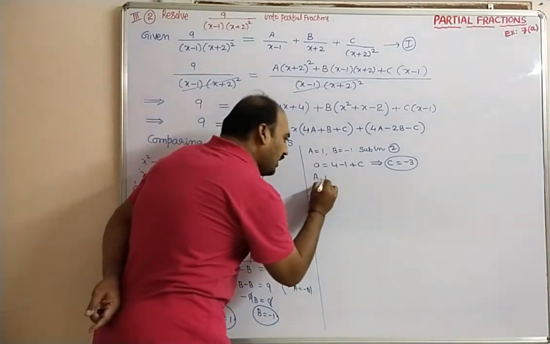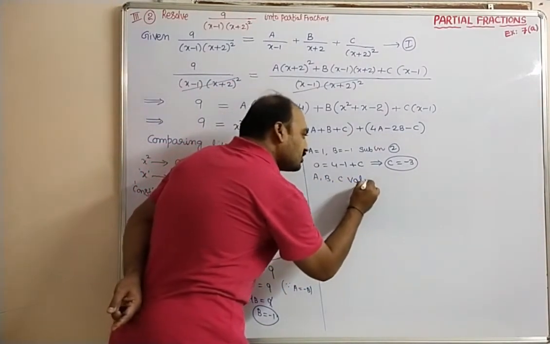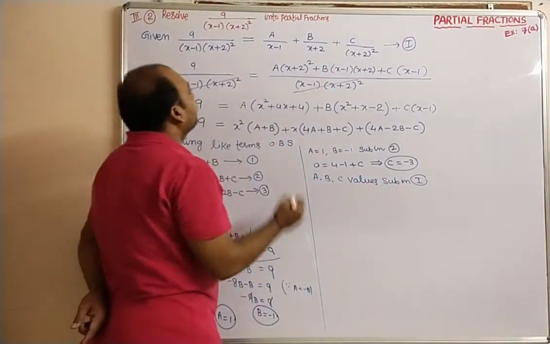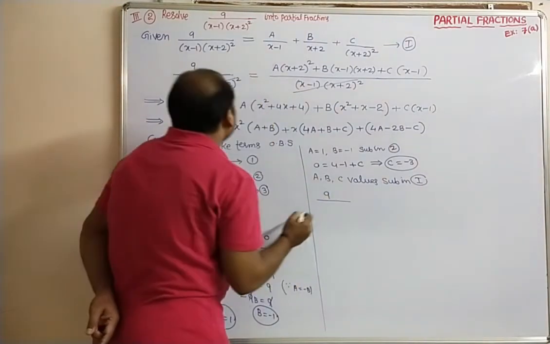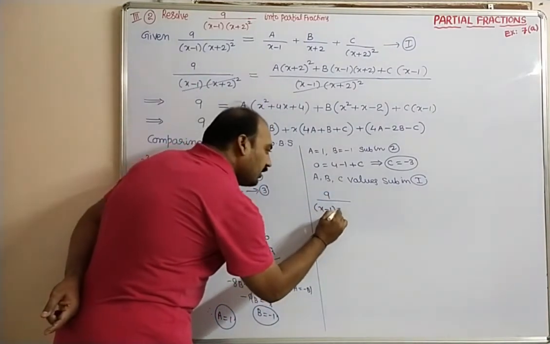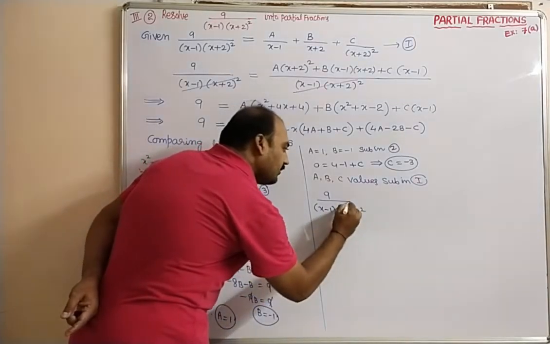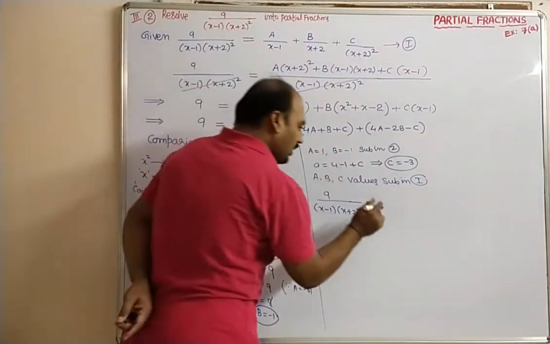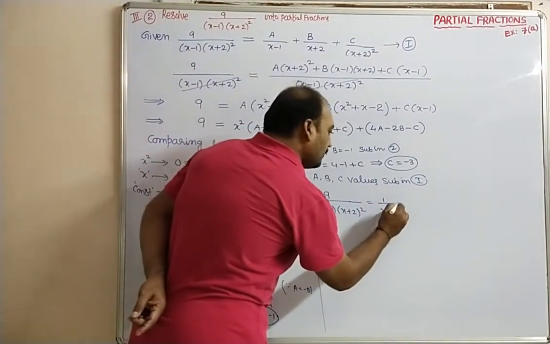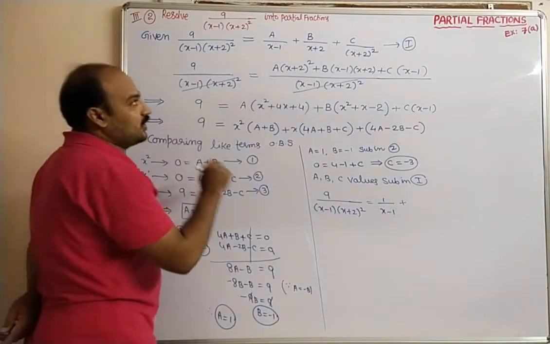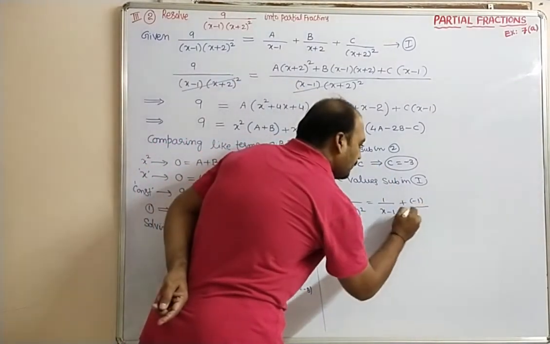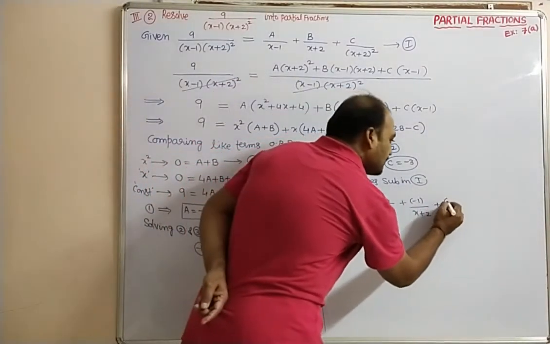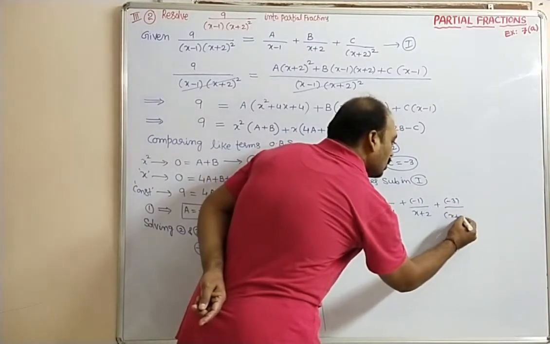Now the a, b, c values substitute. Therefore 9 by x minus 1 into x plus 2 whole square is equal to a by x minus 1, a means 1 by x minus 1, plus b value minus 1, so minus 1 divided by x plus 2, plus c value minus 3, minus 3 divided by x plus 2 whole square.